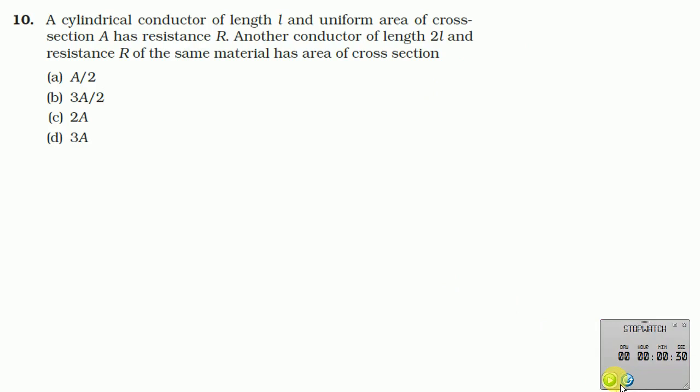Will you start solving or take some time? Okay, take some time to read the question. A cylindrical conductor of length L, uniform cross section area, has resistance R, and the conductor of length 2L and resistance of the same material has area of cross section. There are some hints, some concept is needed.